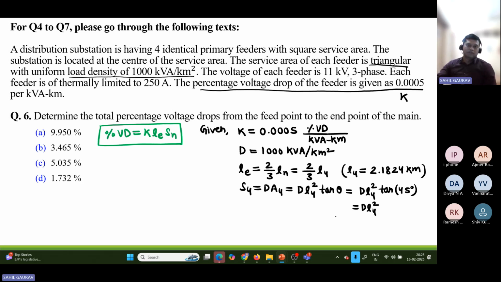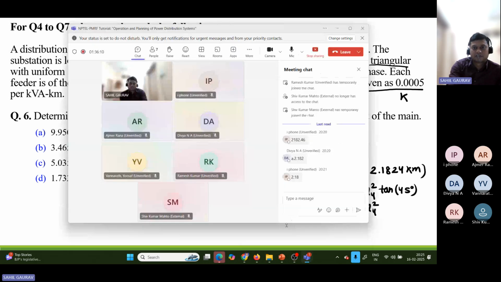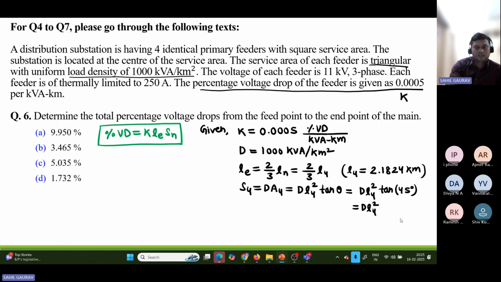So I have provided all the things here. We substitute all these values, we will get the percentage voltage drop. So I am coming in 1 minute. I think I got some response. Try this problem.